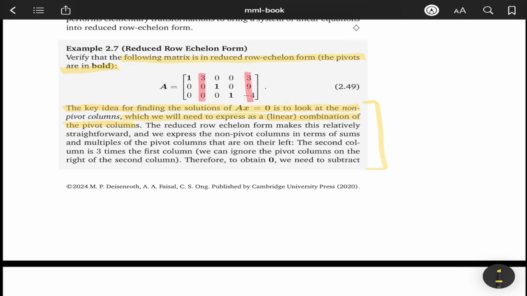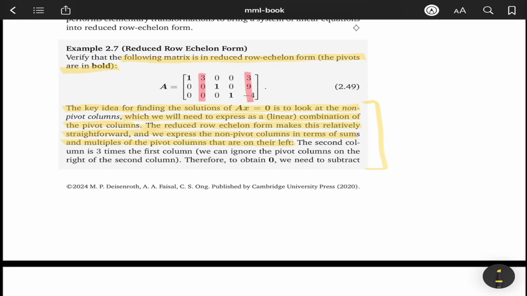The reduced echelon form makes this relatively straightforward, and we express the non-pivot columns in terms of sums and multiples of the pivot columns that are on the left. So we try to express the non-pivot columns with some kind of sums or multiples of the pivot columns.